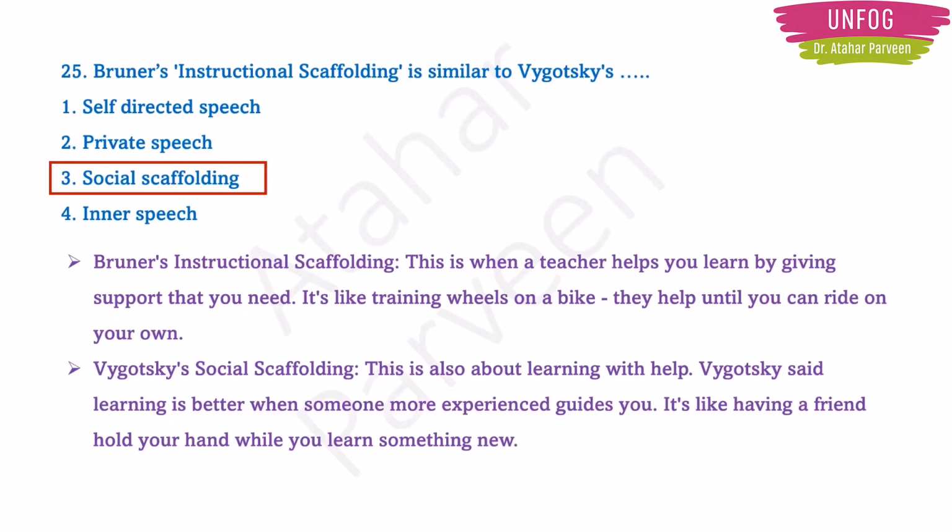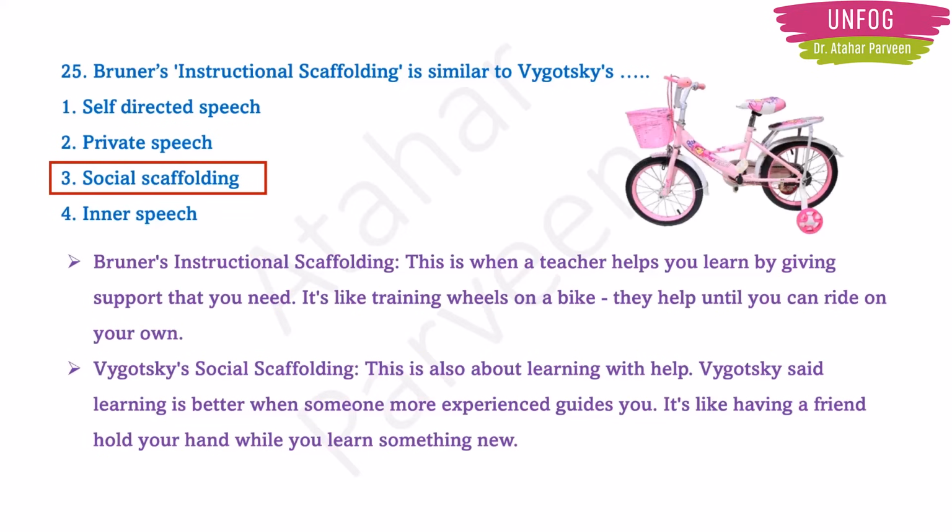So what is the comparison actually? Why are we saying that it is similar? Talking about Bruner's instructional scaffolding, this is when a teacher helps you to learn by giving support that you actually need. It's like training wheels on a bike. See, when a child is trying to learn cycling, nowadays on those small cycles they give 2 supporting wheels, right?